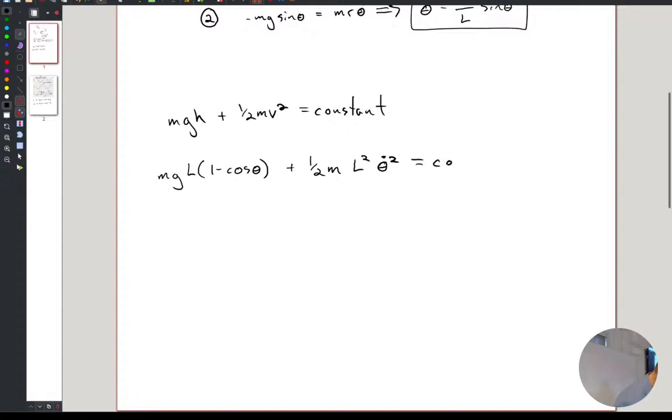All that is constant. And really, if I get rid of the m's, it's still the same constant divided by m. So I could look at whether I'm conserving energy with these 2 approximations.